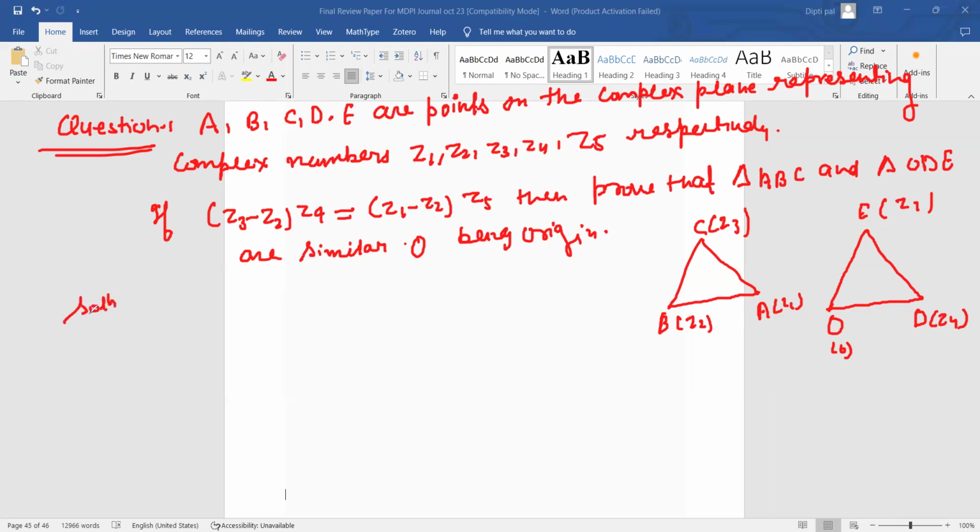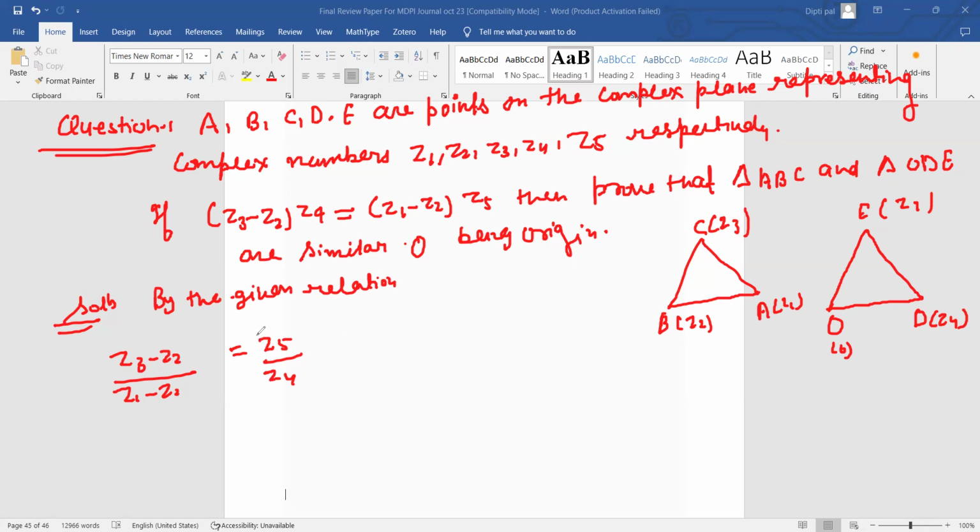Also here the relationship is given. So by the given relation, (Z3 minus Z2) upon (Z1 minus Z2) equals Z5 upon Z4. We can write it like that.